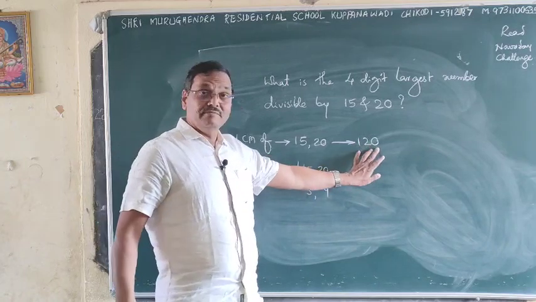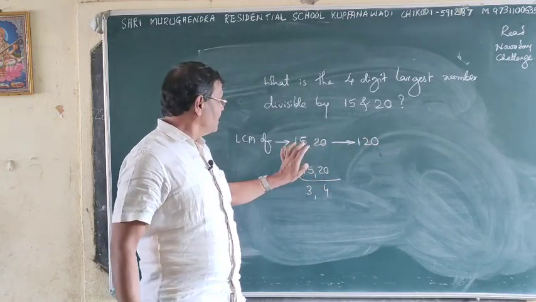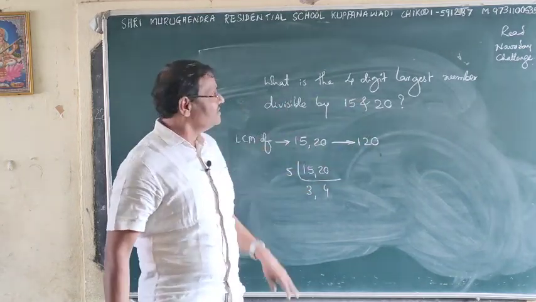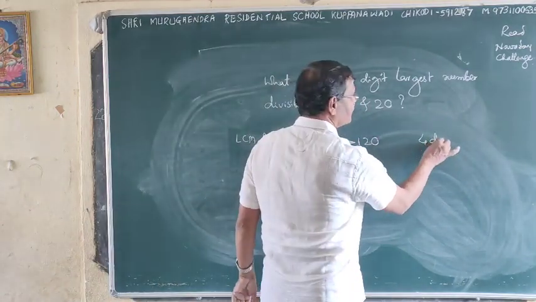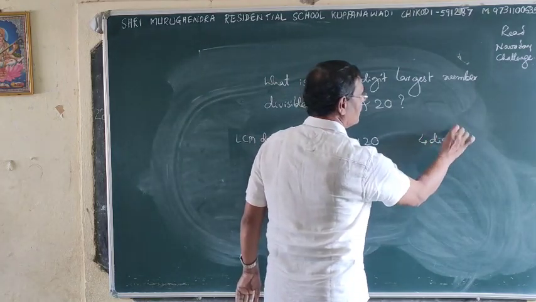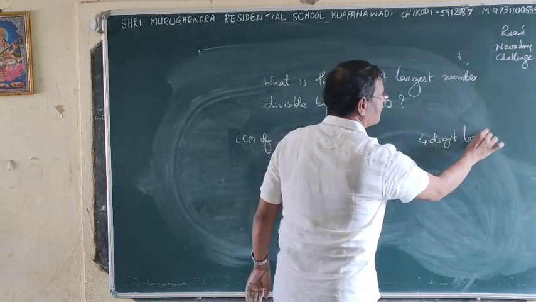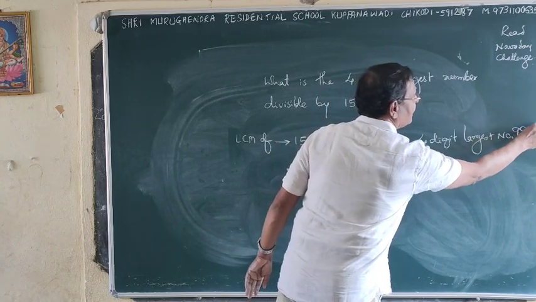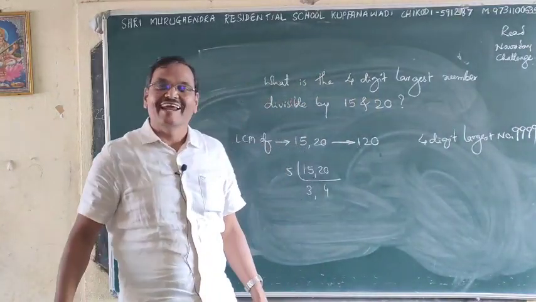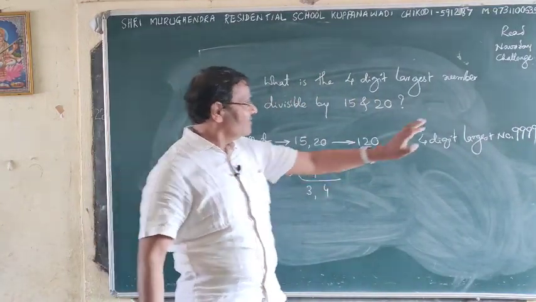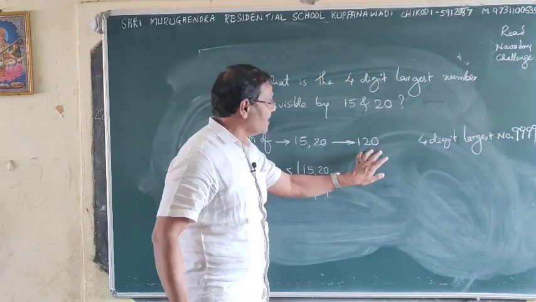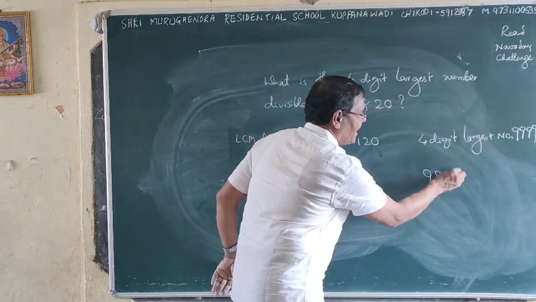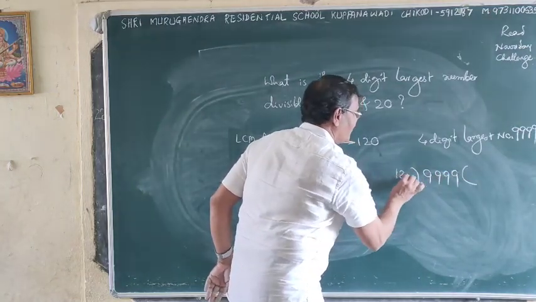What is this LCM? This is the multiple of 15 and 20. Understood? And the 4-digit largest number is 9999, that is 9999. Whether this is divisible by 120 or not, check it. So 9999 divided by 120.